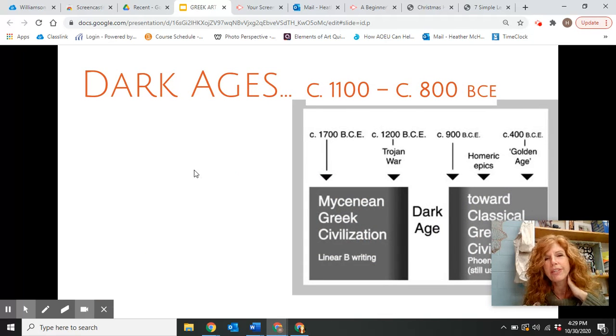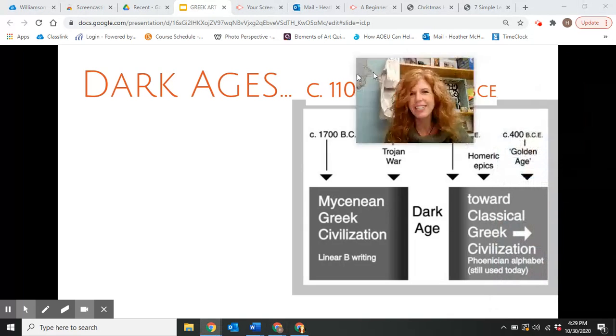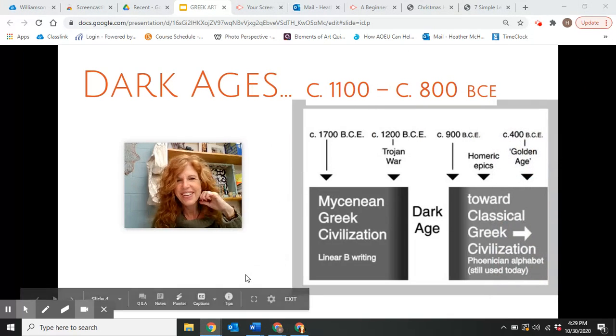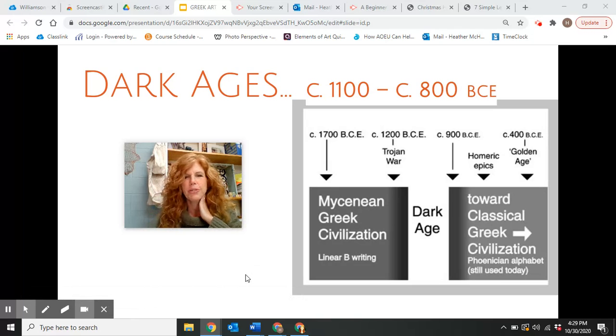Okay, so there was this period of the Dark Ages that happens before the Golden Age of Greece, and lots of things happened because of it. This shows you 1700 BCE, all the way up until the Greeks unwittingly defeat the Persians and the beginning of the Golden Age happens.